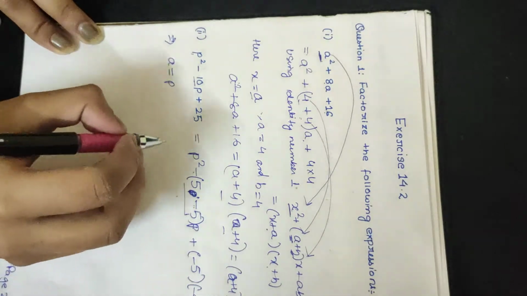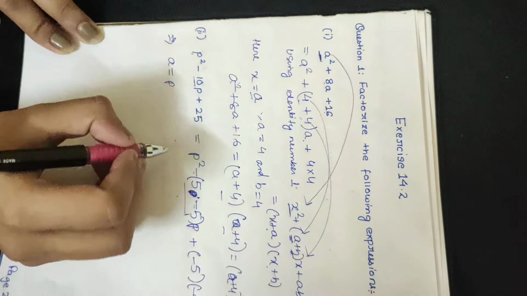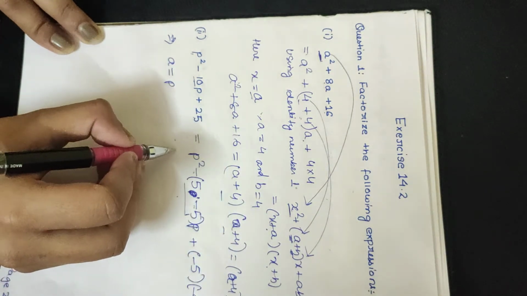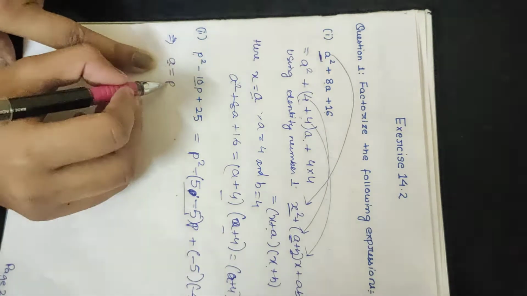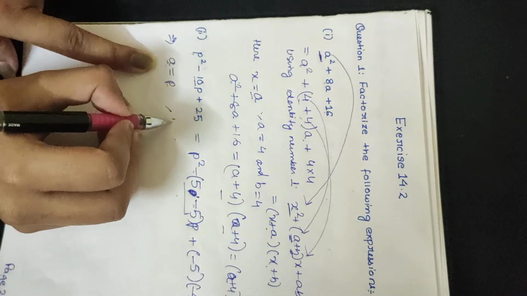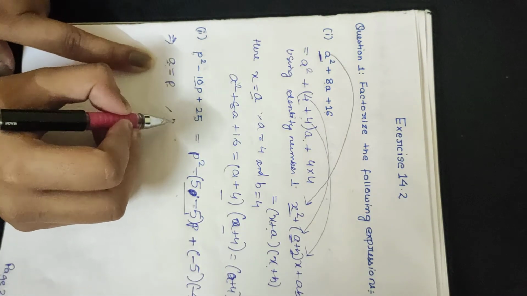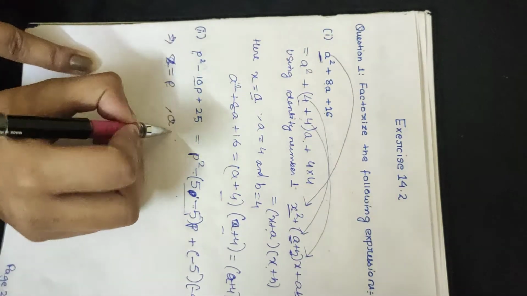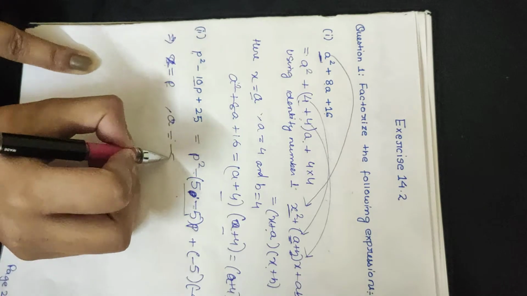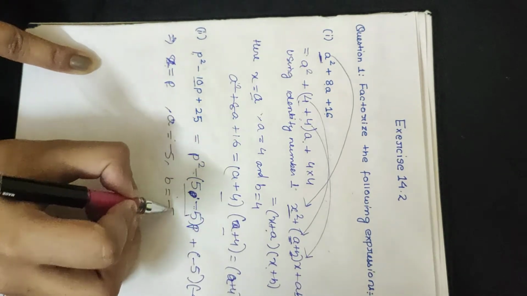Now next you use the similar identity and we get the answer. Here our x is p, a is equal to minus 5 and b is equal to minus 5.